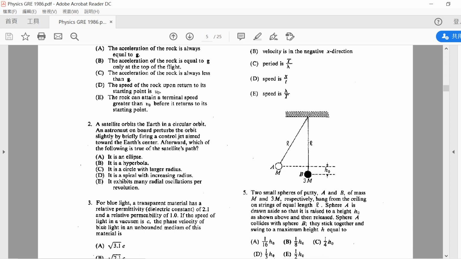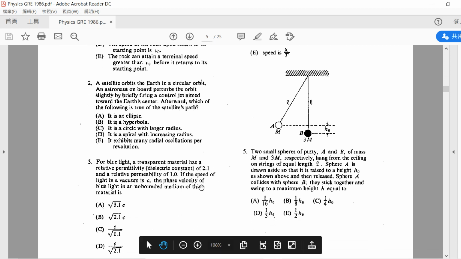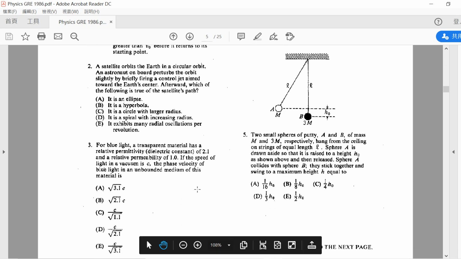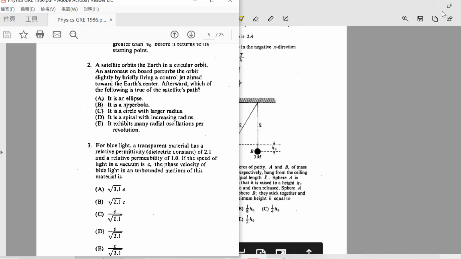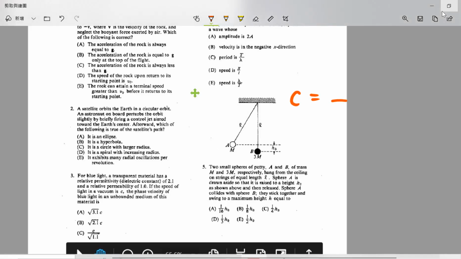There's blue light in a transparent material with a relative permittivity of 2.1, and it asks about the phase velocity of the blue light in the medium. There's nothing special. The velocity in any material is like this.